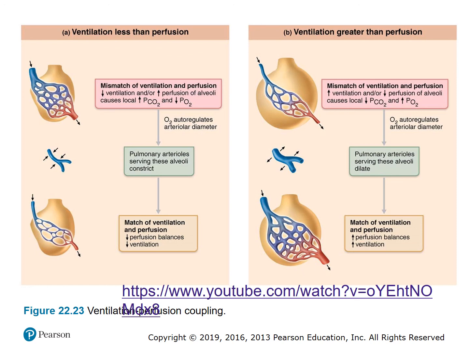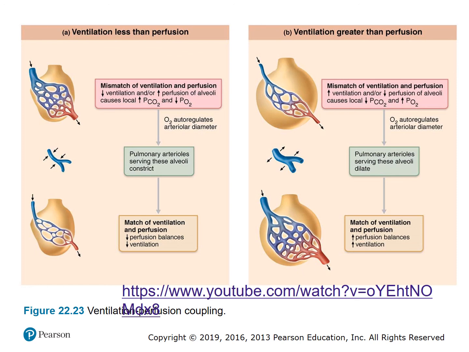In scenario B, ventilation is greater than perfusion. So when there's a mismatch of ventilation and perfusion, let's say there's an increase in ventilation and or a decrease in perfusion of alveoli. This causes a local decrease of partial pressure of CO2 and an increase of partial pressure of oxygen.